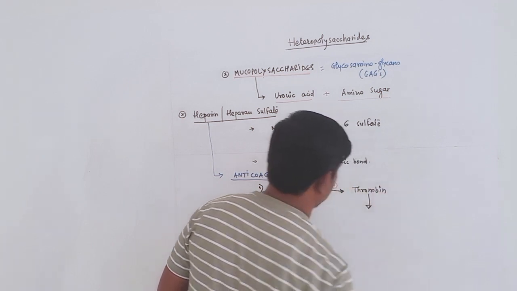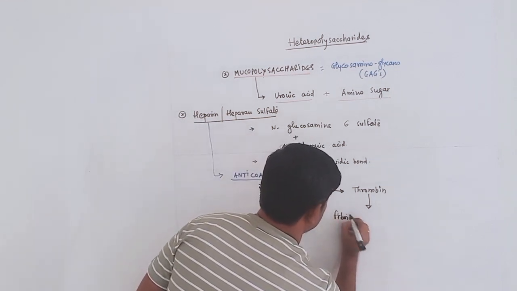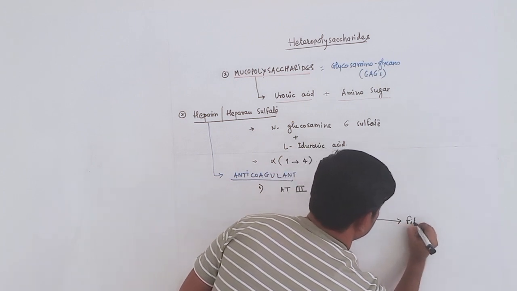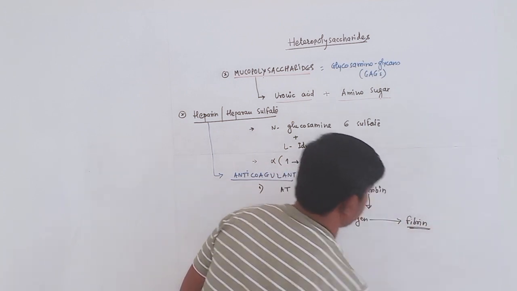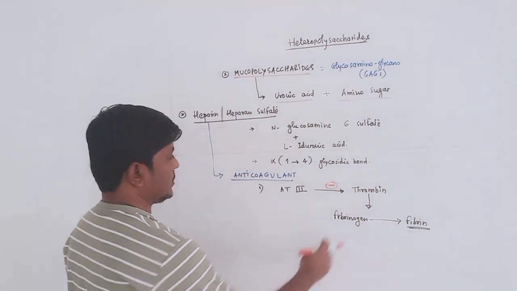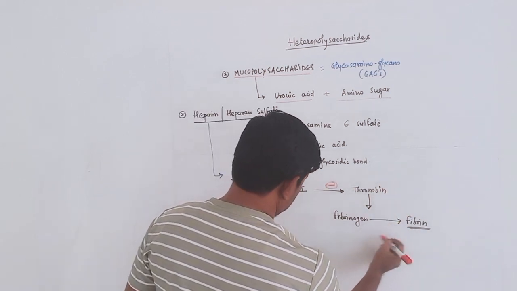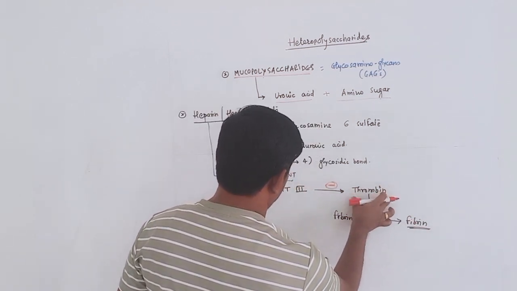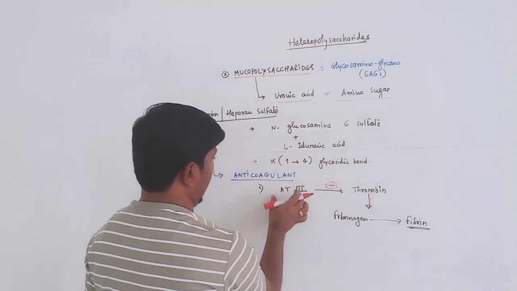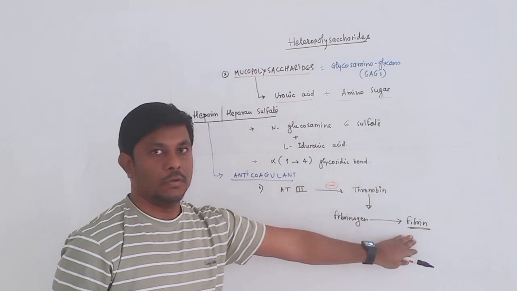This thrombin molecule converts fibrinogen into fibrin. This fibrin is a substance of coagulation. So by inhibiting this thrombin molecule, antithrombin 3 prevents formation of clot.